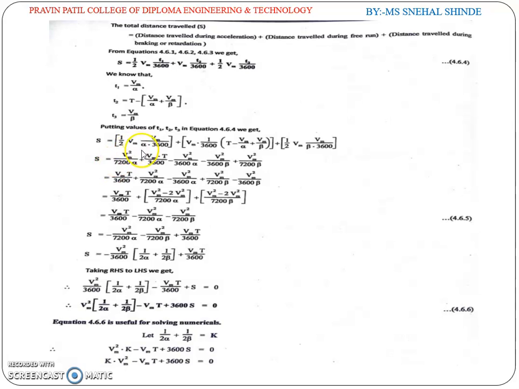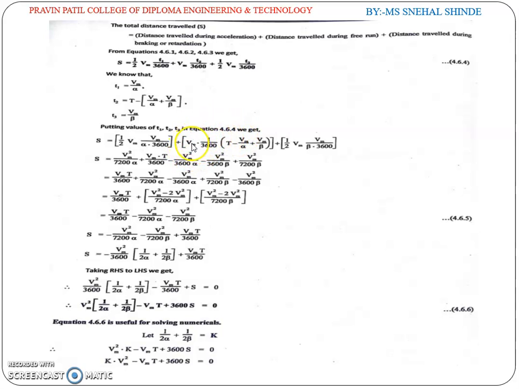Now we have to solve it. Vm into Vm, we get Vm square. Then we have to multiply 2 into 3600, so we get 7200 alpha. Then we add plus Vm into T. We have to multiply the terms in the bracket.